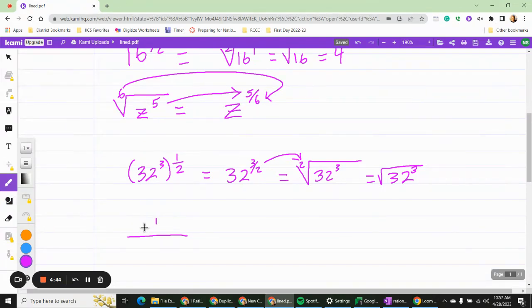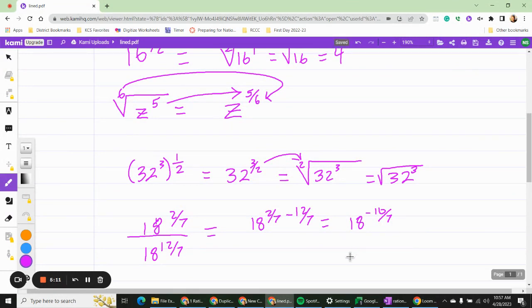Let's say I have 18 to the 2/7 power, and that's going to be over 18 to the 12/7 power. Now, remember our exponent rules. We're going to subtract the exponents. So top exponent, 2/7, minus the bottom exponent, 12 over 7. So that gives me 18 to the negative 10 over 7 power.